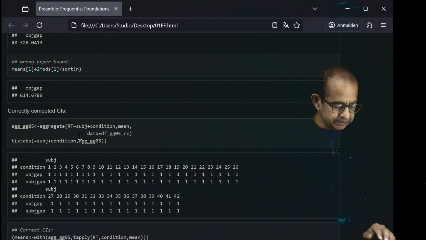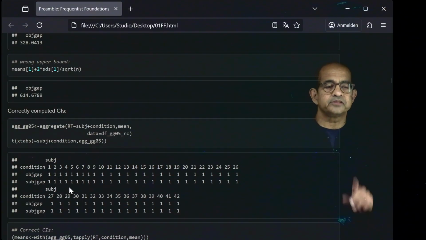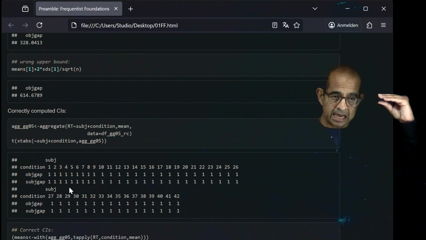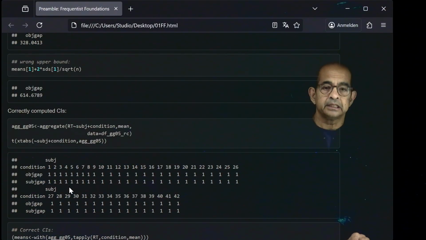And that's what you see here. Once I run this aggregate command here, if I look at the number of data points I have for the 42 subjects in each of the two conditions, instead of seeing 8s here, I'm seeing 1s. And the reason I'm seeing the 1s is that I've taken the average of those 8 data points, compressed the data into one data point for each subject in each condition.